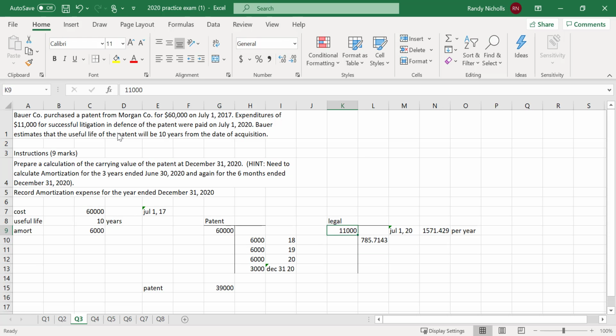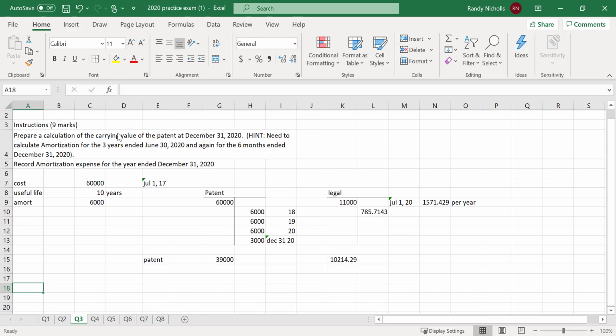Okay, so again, the $11,000 was spent July 1, 2020. At that point in time, I can capitalize that to part of my patent. At that point in time, the patent has 7 years of life left, so this 11,000 is going to get amortized over 7 years. I'm going to take half a year, so the value sitting in the patent account related to the legal fees is the 10,714.